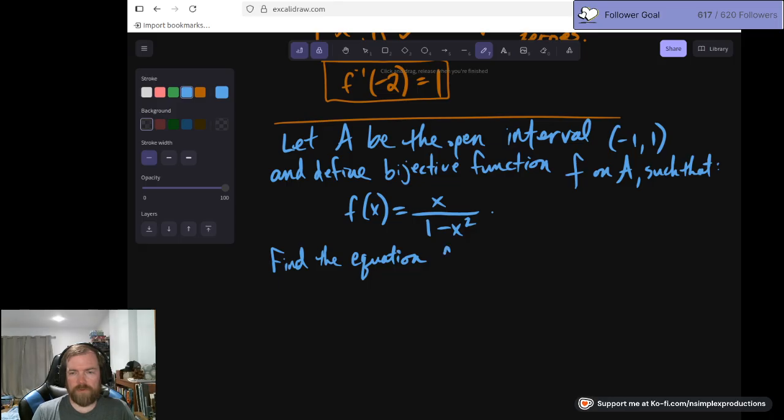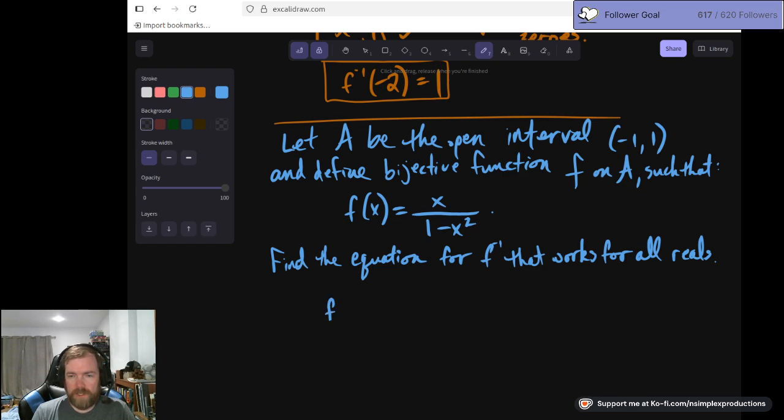Find the equation for f inverse that works for all reals.